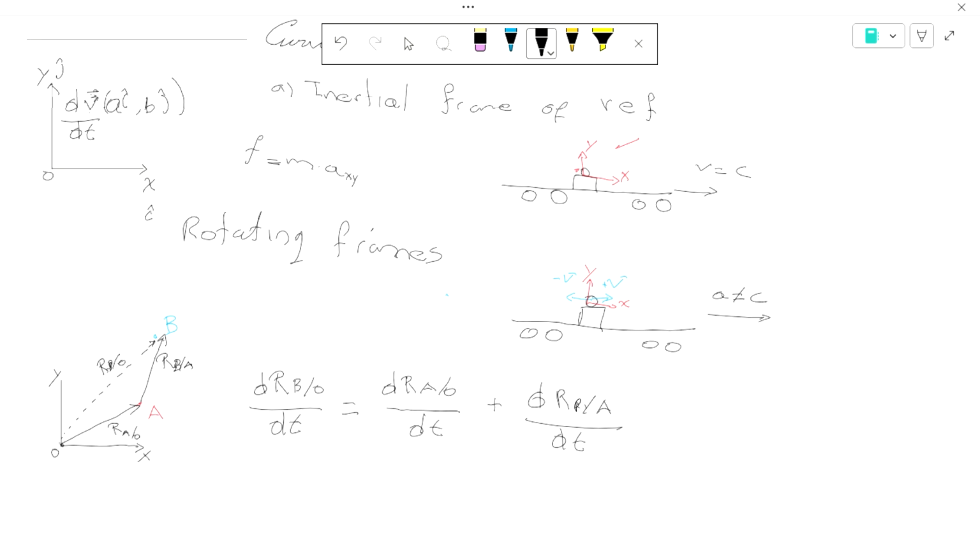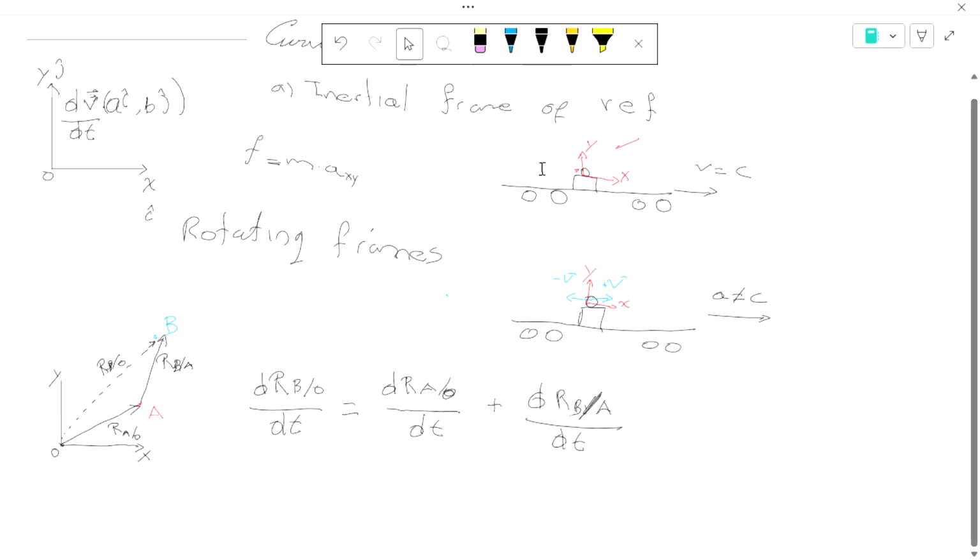All right. Okay, so far so good, right? We have the change in distance of the vector r from B to O, which is the same as computing the change of distance of A to O plus the change of distance from B to A. All right, we can do that.